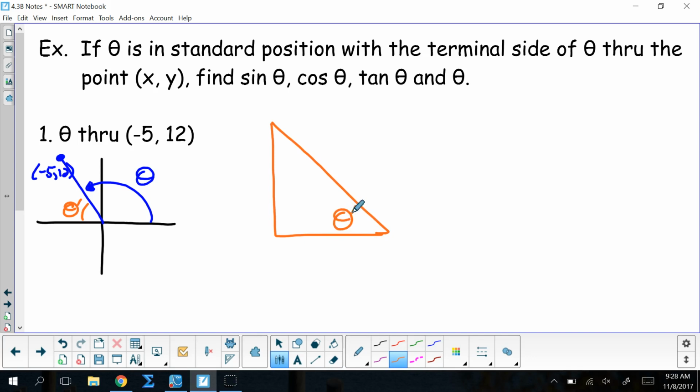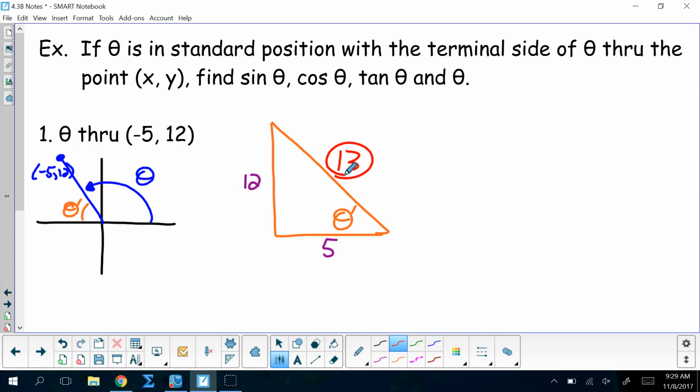This side over here is 12. This side over here has a length of 5, because I went 5 left and 12 up. What's my hypotenuse then? 12 squared is 144. 5 squared is 25. 144 plus 25 is 169. Square root of 169 is 13. Okay? Pythagorean triple, 5, 12, 13.